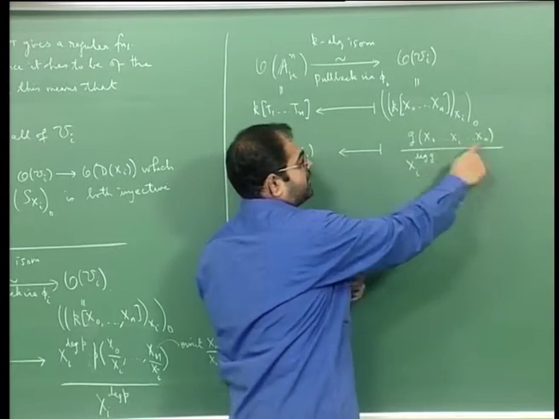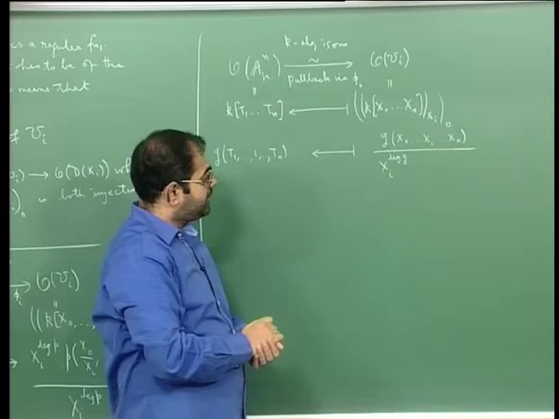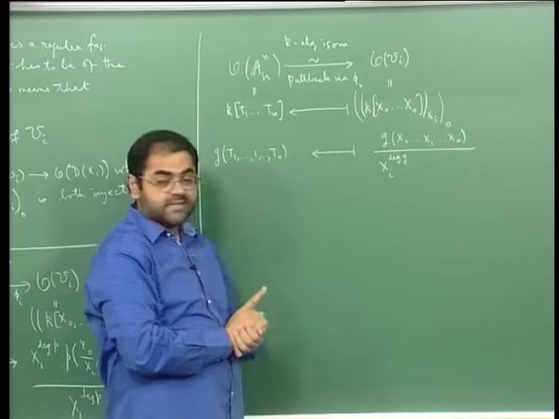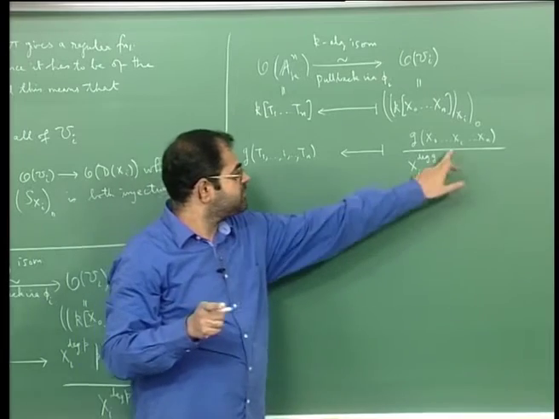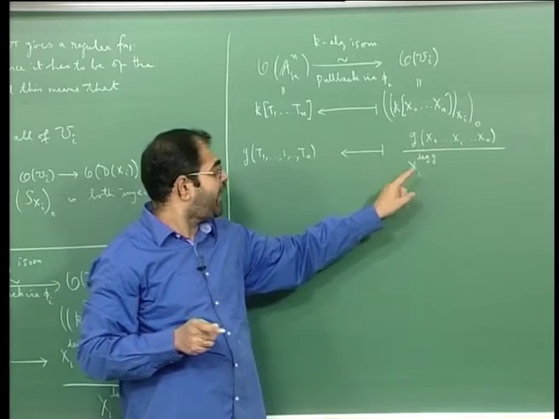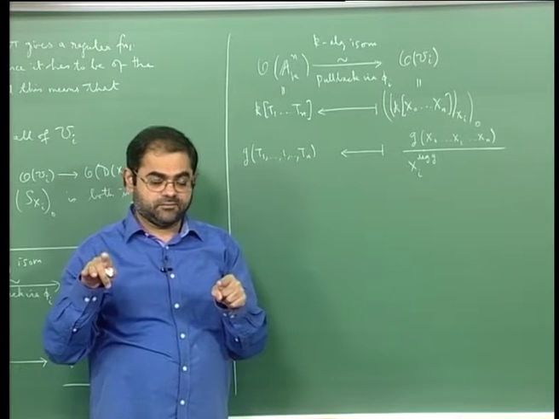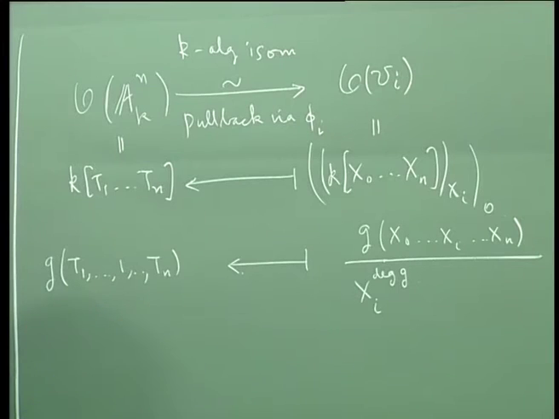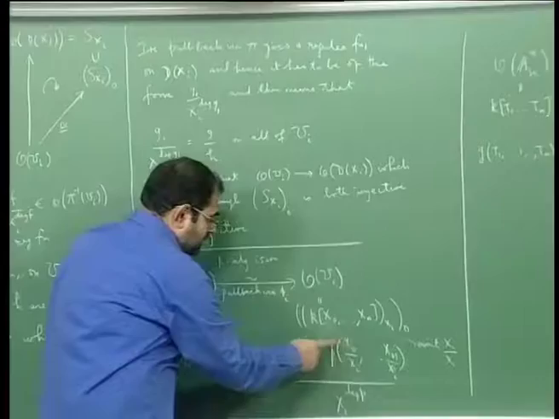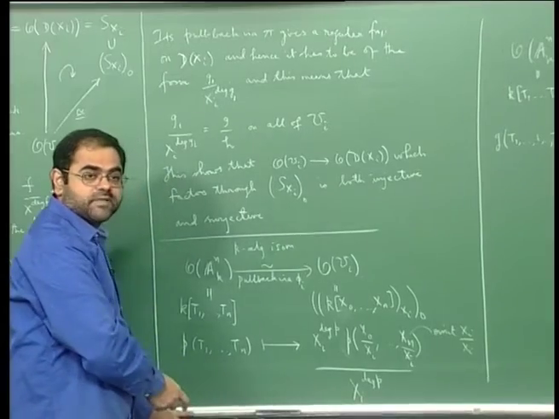G is a homogeneous polynomial in these n plus 1 variables, and now what you do is wherever xi comes you put 1, and for the remaining x naught through xn with xi left out, which are remaining n, you simply substitute t1 through tn. That is what this means. So this is dehomogenization. So this map is homogenization divided by the right power of xi.